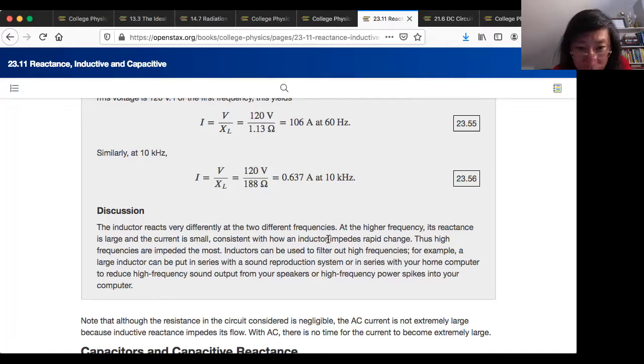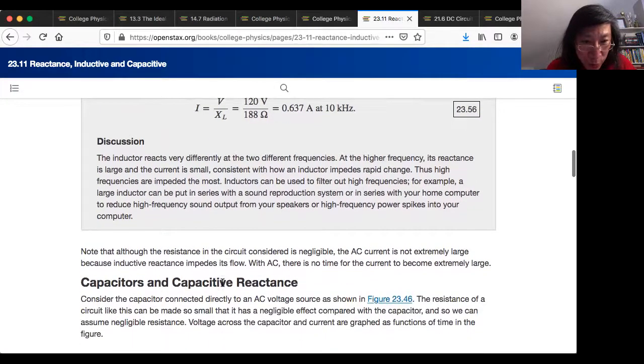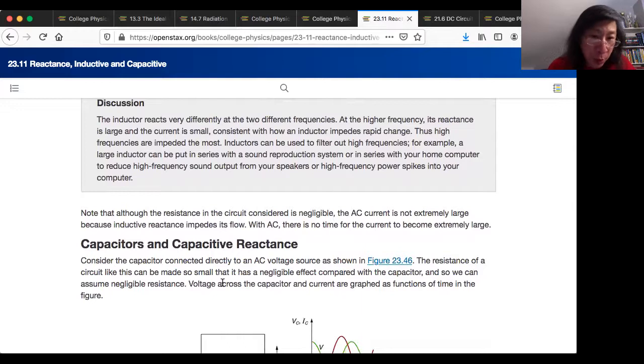You can use this as a filter. Have you ever heard of high pass filters or low pass filters? You can reduce high frequency sound output, or reduce high frequency power spikes in your computer, if you have an inductor in there that smooths out some of those voltage spikes or current spikes.